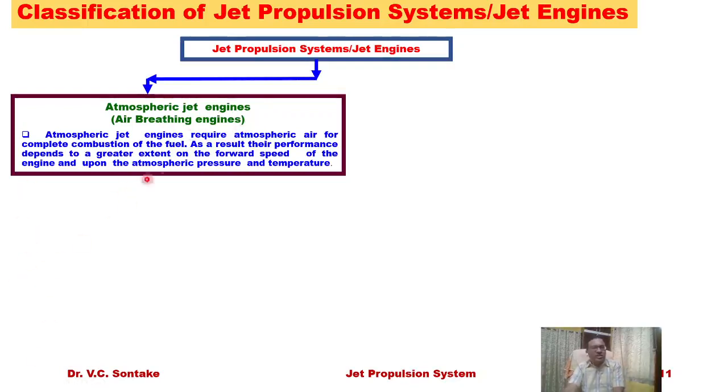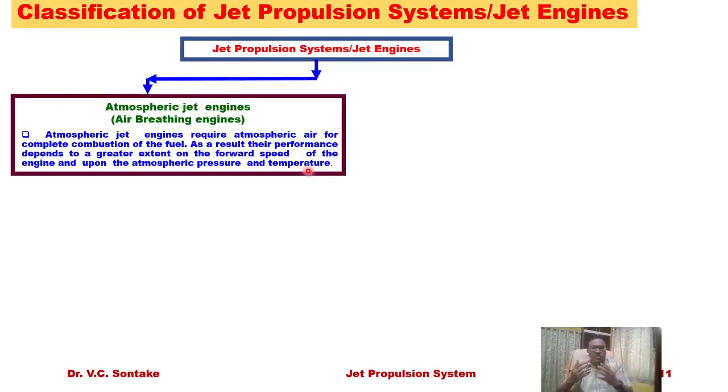Atmospheric jet engines require atmospheric air for complete combustion of the fuel. As a result, their performance depends to a greater extent on the forward speed of the engine and upon the atmospheric pressure and temperature. All these three conditions, forward speed of the engine, atmospheric pressure and temperature, will govern the amount of air inhaled by the jet propulsion system.